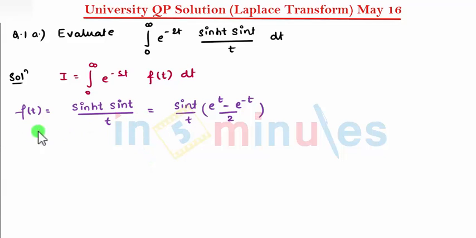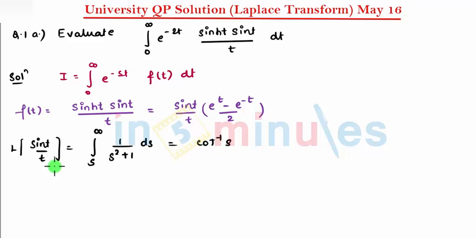First I find the Laplace of sin t by t, which will be the integral from s to infinity of 1 upon s square plus 1 ds. So that comes as cot inverse s.